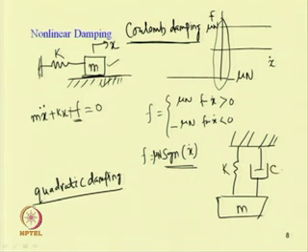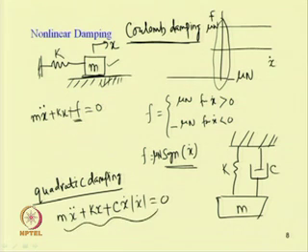If this damper is nonlinear, then we can write this quadratic damping in this form: the equation can be written m x double dot plus k x plus c x dot into mod x dot equal to 0. So, this x dot into mod x dot is the quadratic damping present in the system. Similarly, we can have other different types of damping, such as hysteresis damping.